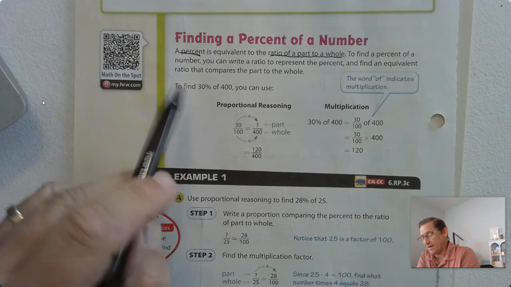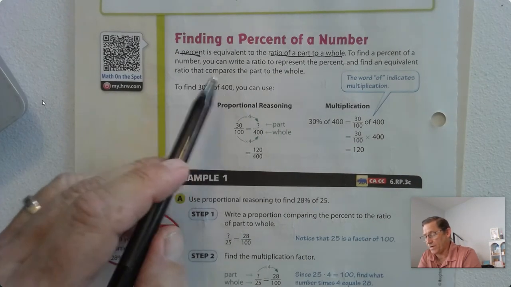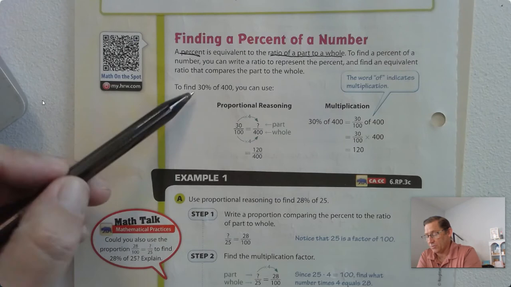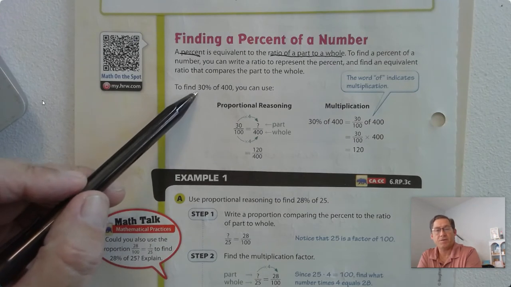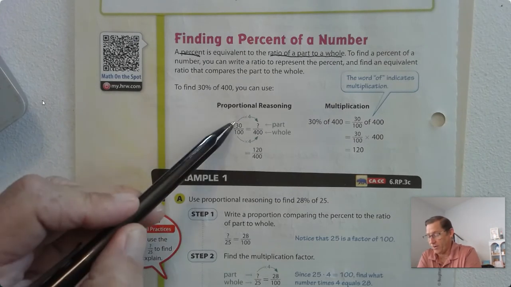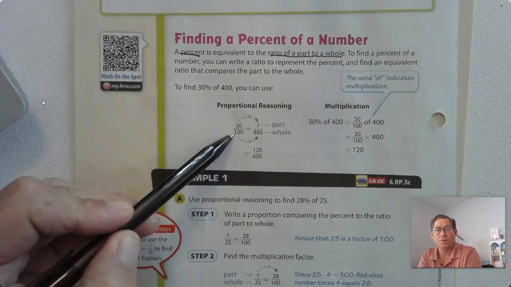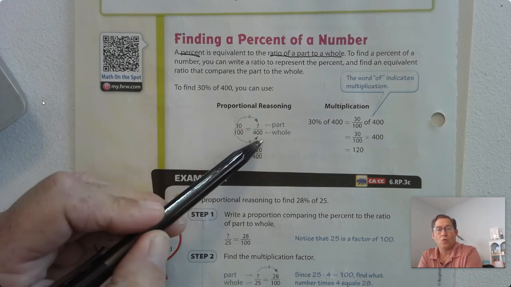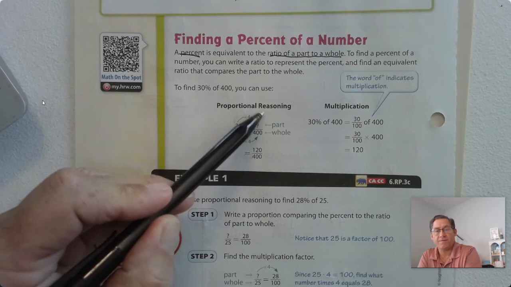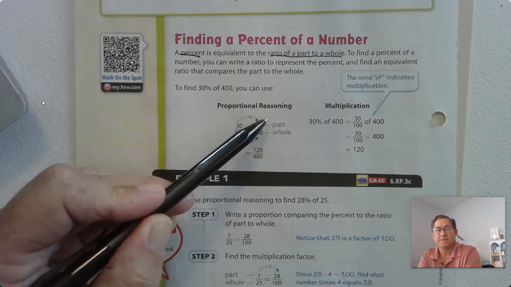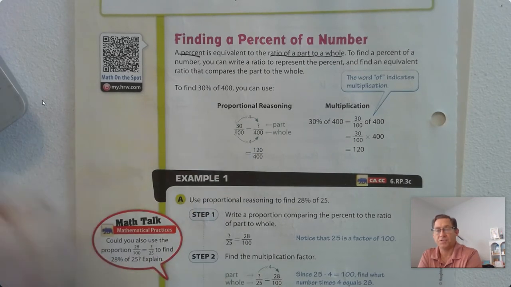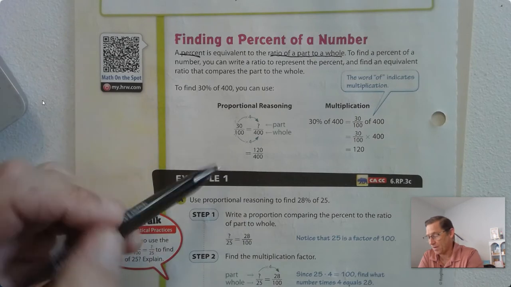So, for instance, to find 30% of 400, we can use proportional reasoning. So 30%, the part of 100% is 30. So 30 over 100, part to whole. And the whole shipment was 400 gloves. So we have to find the part of the shipment that's equal to 30%.